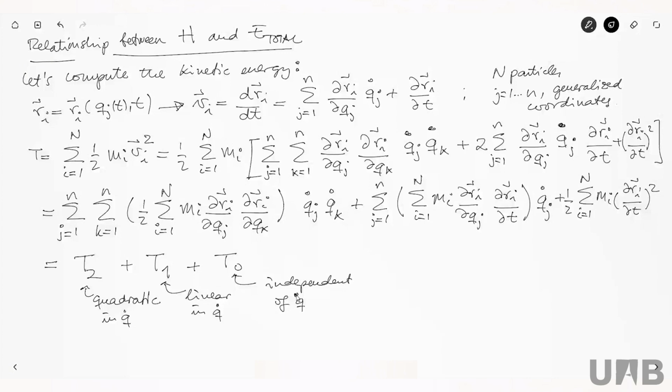Now notice another thing. What happens if the constraints do not depend explicitly on time? We always have to look at this because systems for which the constraints do not depend explicitly on time have nice properties, like, for instance, the Hamiltonian would be a conserved quantity.